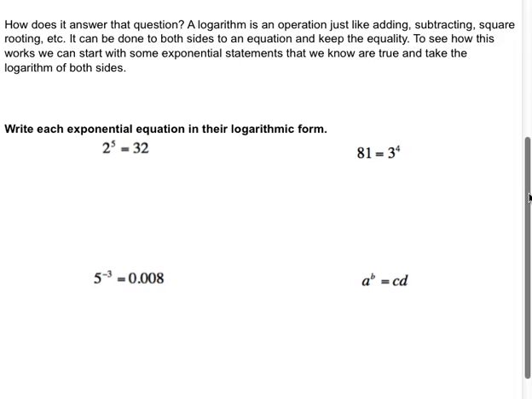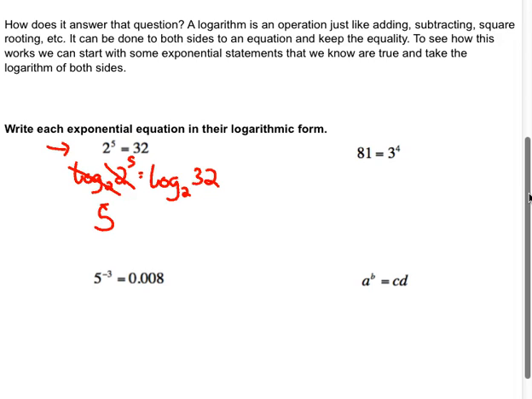So in this first question, notice that it has a base of 2, right? 2 to the 5th power. So what I'm going to do is take log base 2 of both sides. Okay, and the reason I'm doing that is because, again, this operation undoes that base.